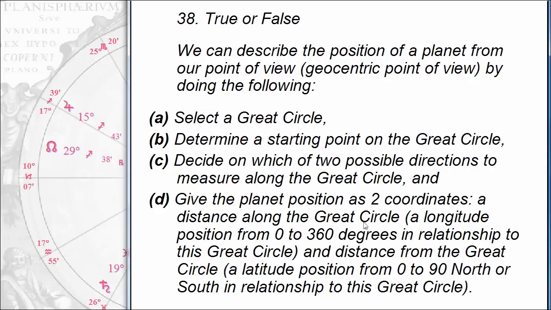You decide which direction to count your 360 degrees, and then you can describe where an object is in the sky by its longitude along the great circle from 0 to 360 and its latitude 0 to 90 north or south, north meaning above, south meaning below, that great circle. So that's how we describe where things are in the sky.